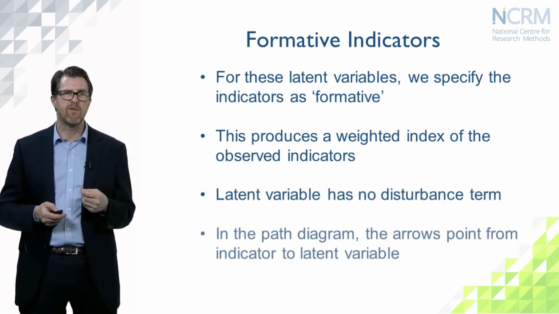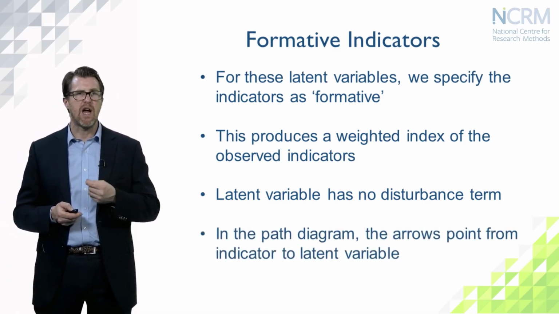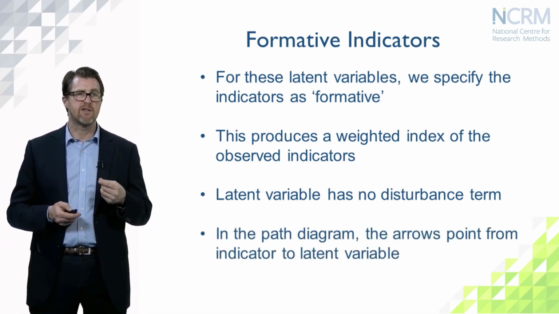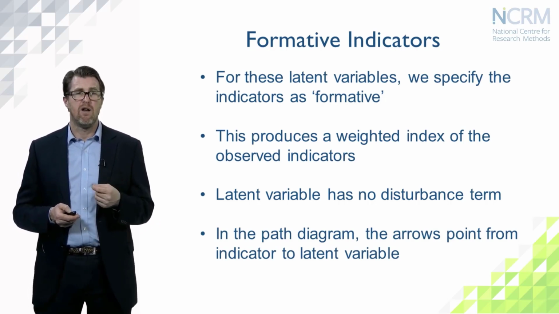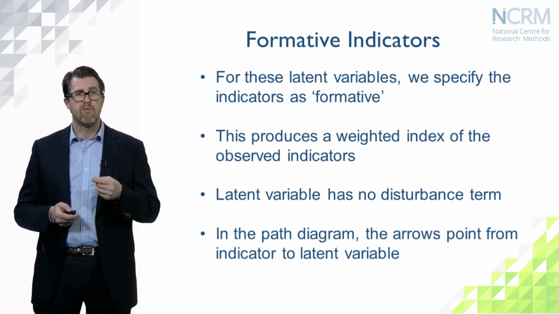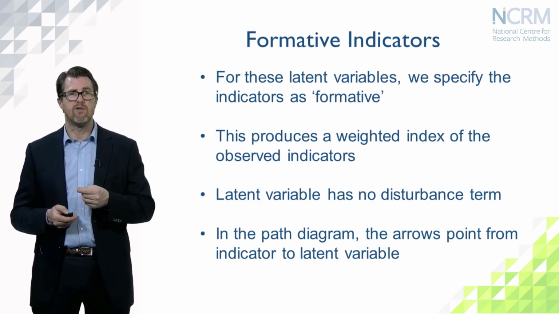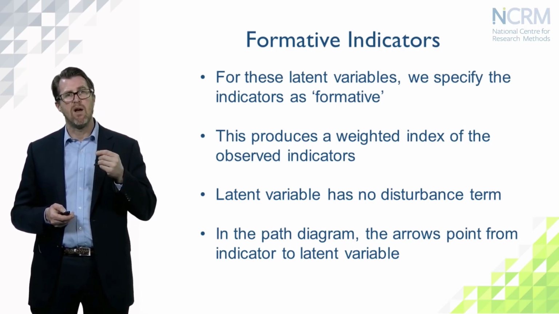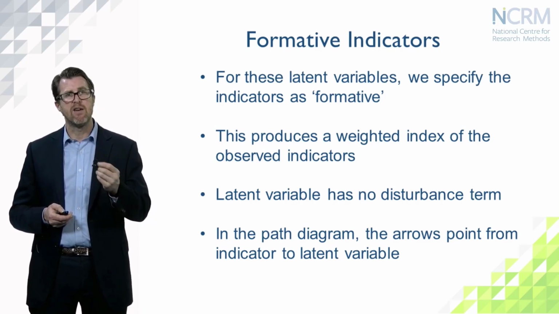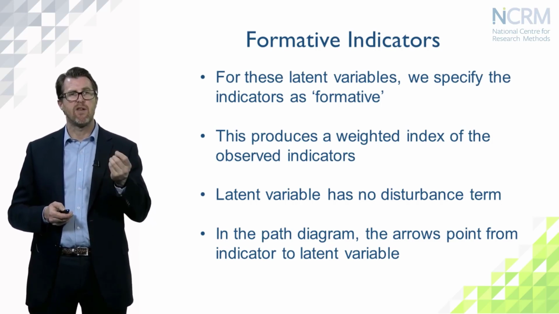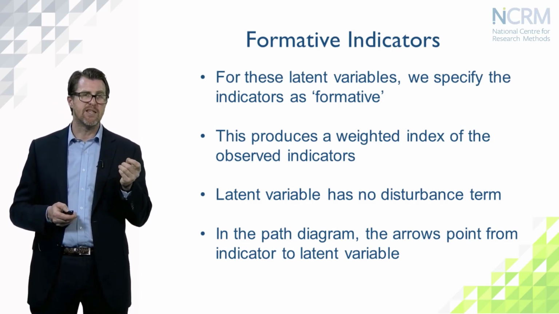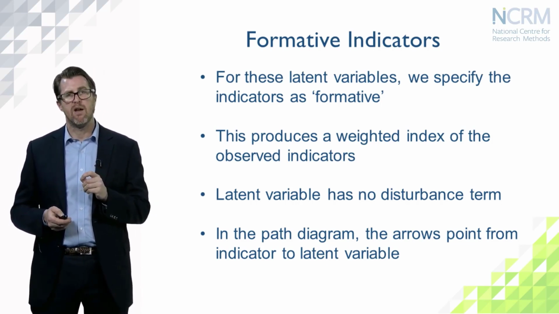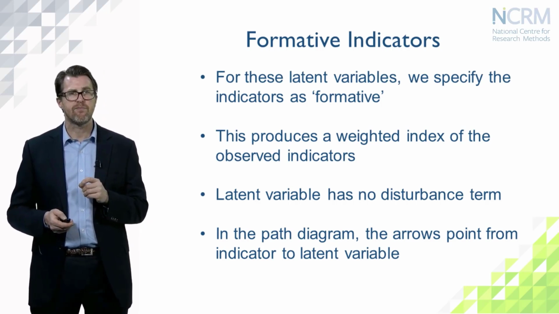The key thing is that in the path diagram, the arrows point from the indicator to the latent variable rather than the other way round. There are, of course, some quite different procedures for estimating this kind of model, but for now, the concern is to understand the conceptual difference and the fact that we have the indicators related differently to the latent variables.